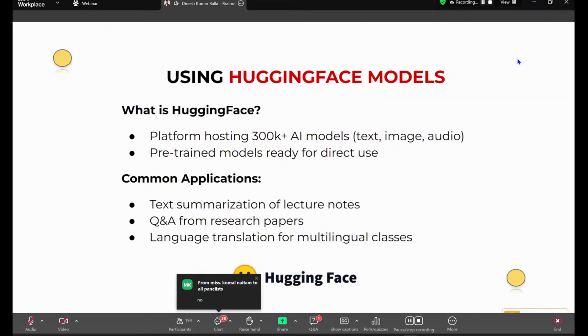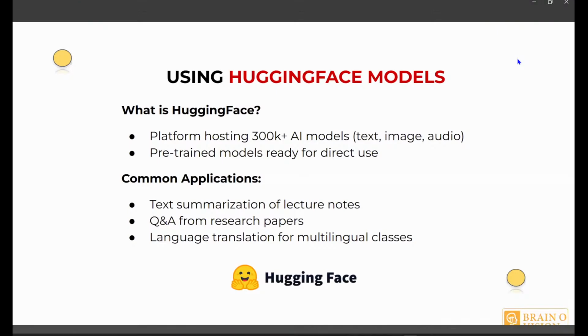We'll first understand what the Hugging Face platform is and what Hugging Face models are, and we'll see it live. So what actually is Hugging Face? It is a platform hosting around 300K AI models. I'll show you how many AI models are there on Hugging Face. I've already shown you what Open Router is, where we can grab free and paid versions of each model. But with Hugging Face models, we can download them and run them locally, right?